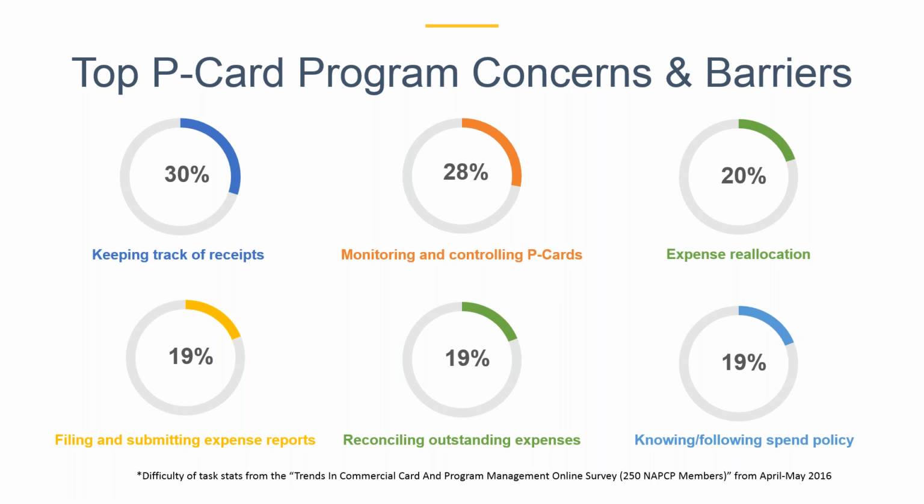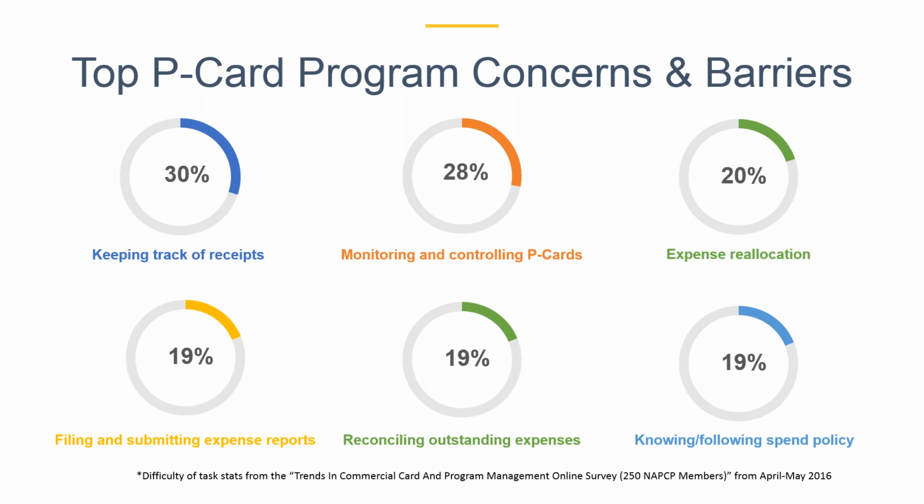And then the last two in the bottom left part of the screen look at more of the administration side: how do we reconcile this data, and how do we make sure the users know what the policies are? And even on the administration side, how much time and effort are we spending to enforce those policies?